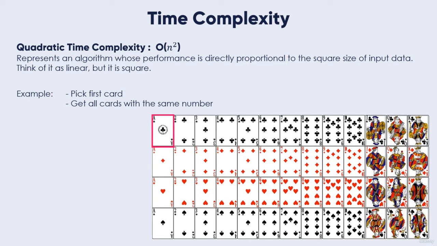clubs. And I told you get all cards with the same number. So you are going to search all the deck for the aces. Okay? So you search all the aces here. Ace of diamonds, ace of clubs, and hearts and spades.